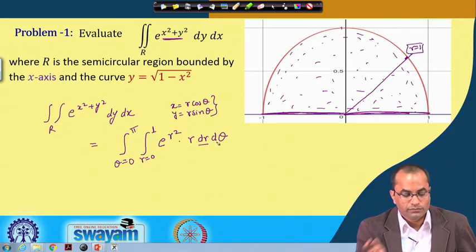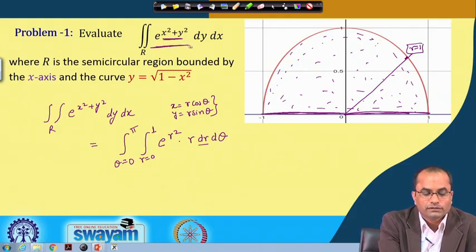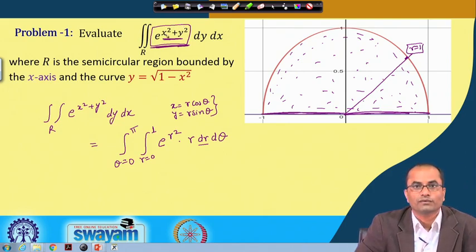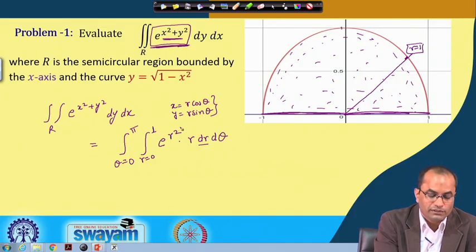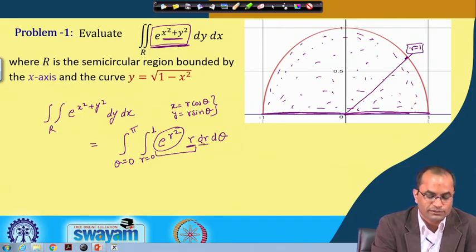And now if we look closely here, direct evaluation in the form of Cartesian coordinates was not easy, or rather not possible, to integrate this e power x square plus y square term, but now we got here e power r square and r. So, we can easily integrate this integrand now with respect to r.